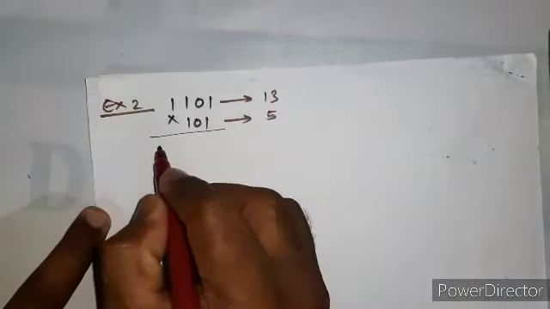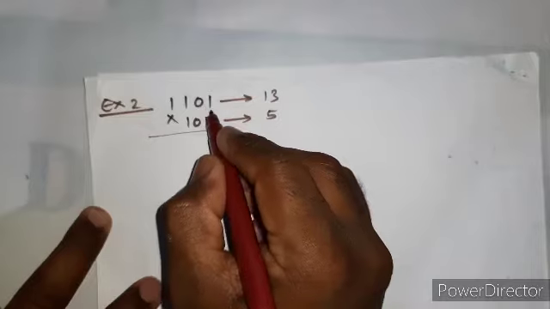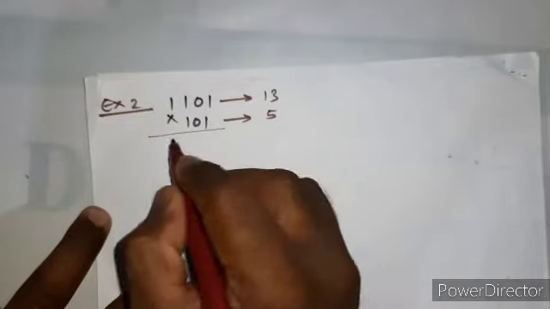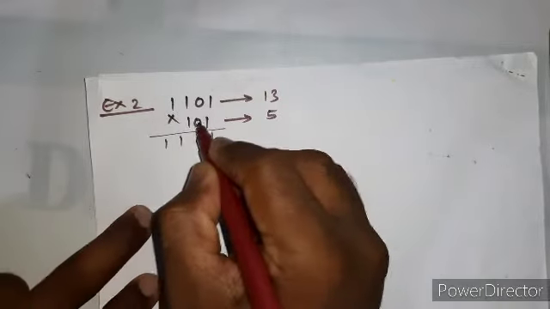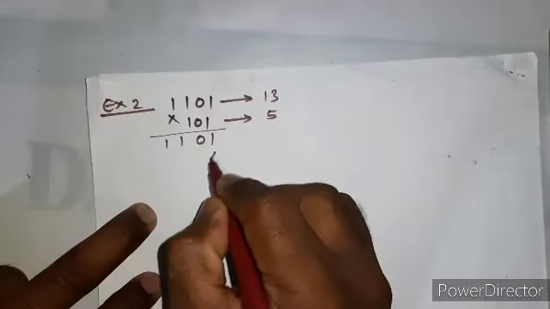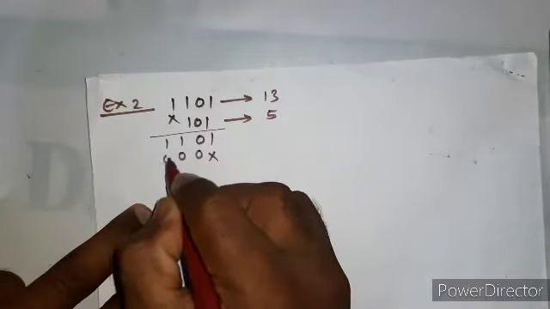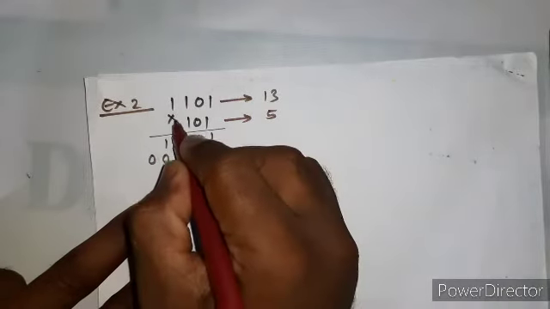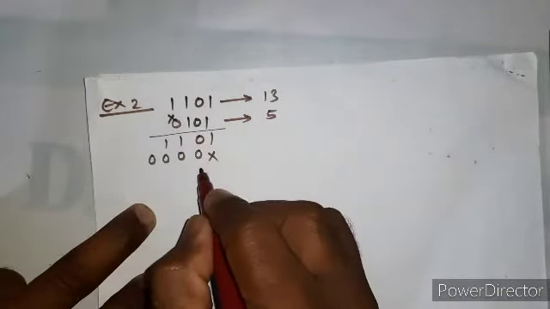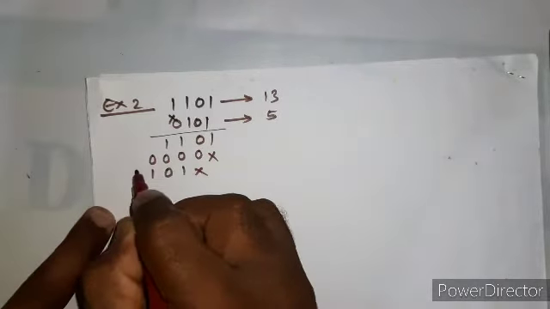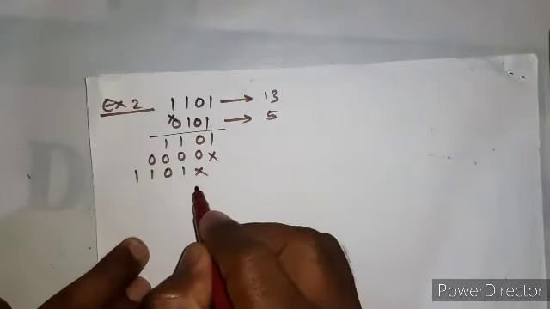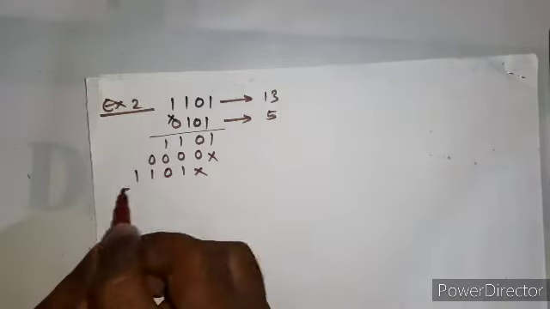First we'll try to solve this. 1 into this number is the number itself, 1101. Then this is 0 0 0 0. You can either add 0 here or leave it. Then 1 1 0 1. No need to consider this 0.